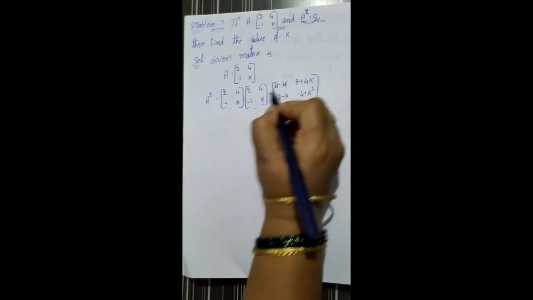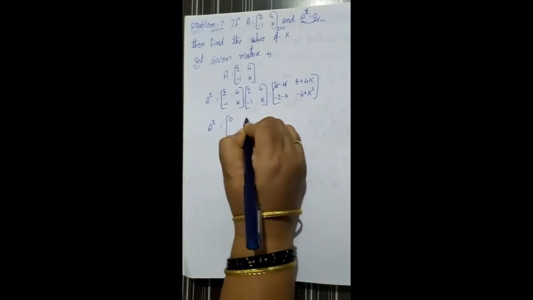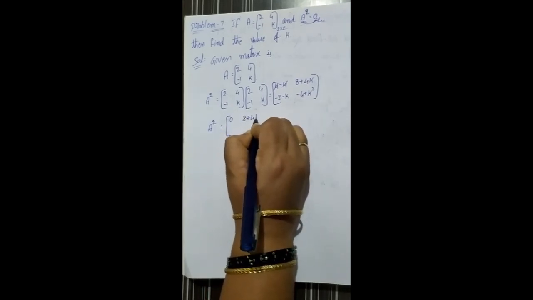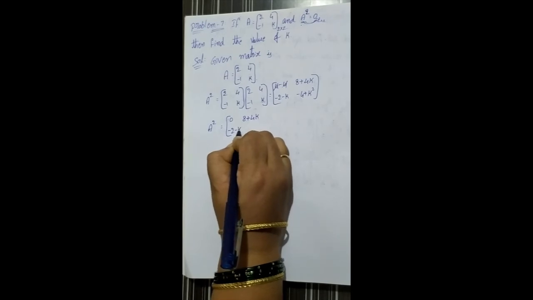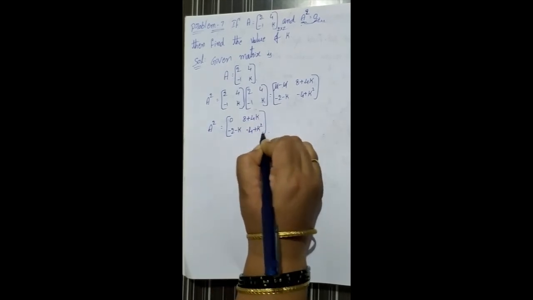That means plus 4 minus 4 get cancelled. A square equal to 0, 8 plus 4k, minus 2 minus k, minus 4 plus k square.